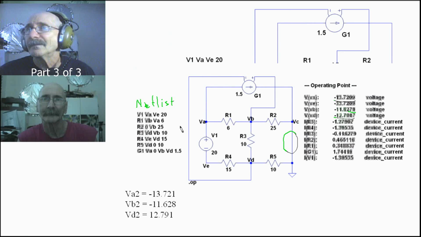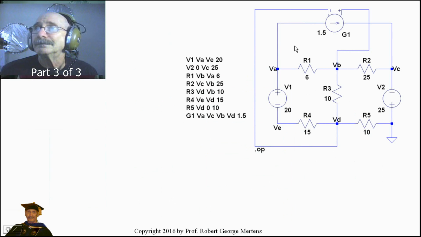What's our next step? Put them all together. Alright, so what we've done, we've run this in SPICE, we run the whole program here. And once we run the whole program, again here we have a net list from SPICE, and this includes both power supplies this time, the 20 volts and the 25 volts.